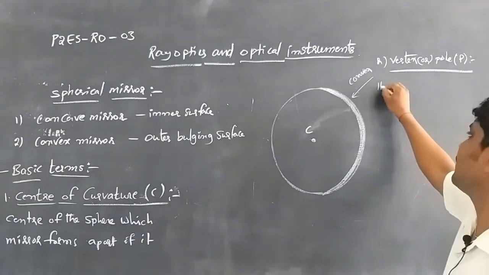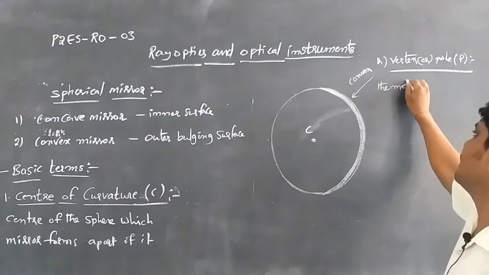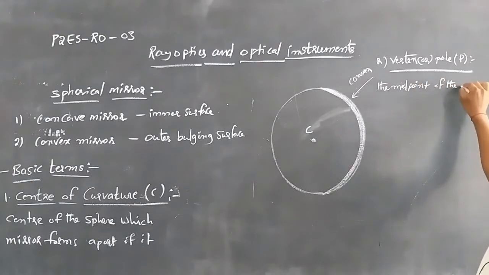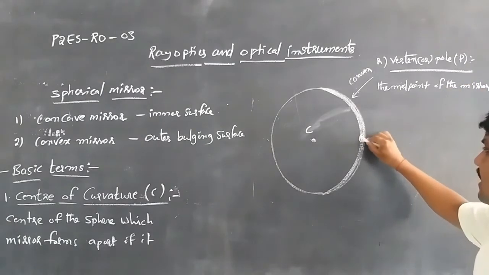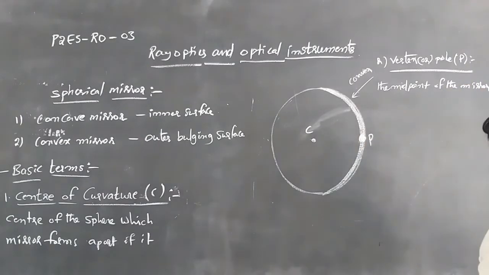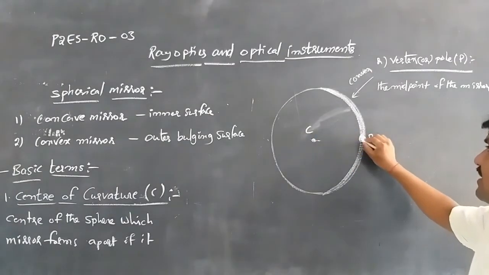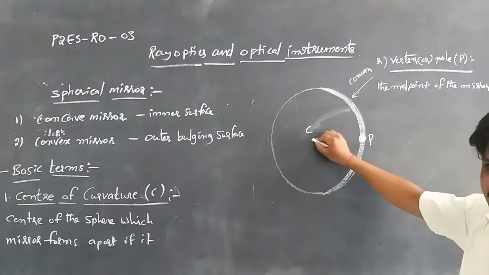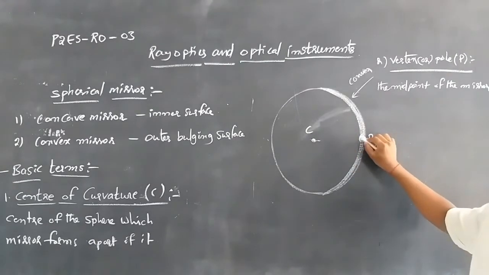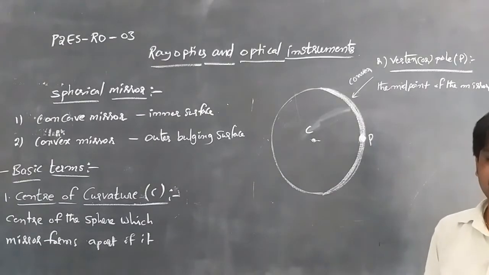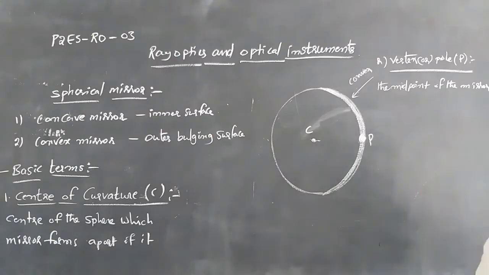This will be the midpoint of the mirror, denoted with P, and it is called the vertex or pole. This will be the pole P and this will be the center of curvature. The midpoint of the spherical mirror is called the pole or vertex.